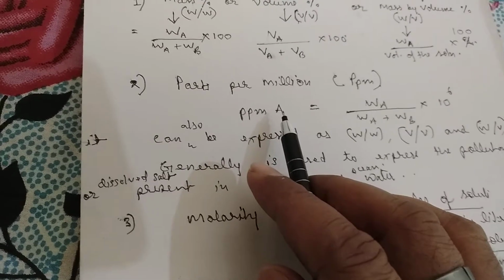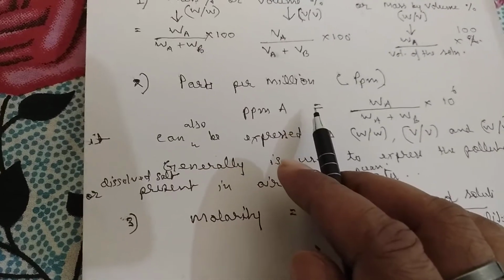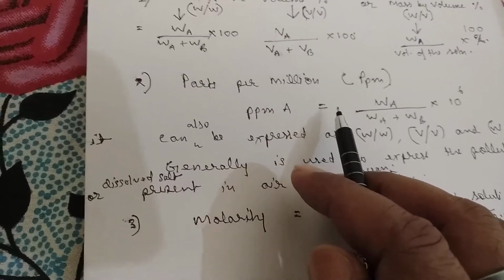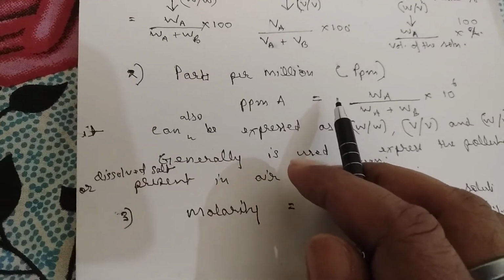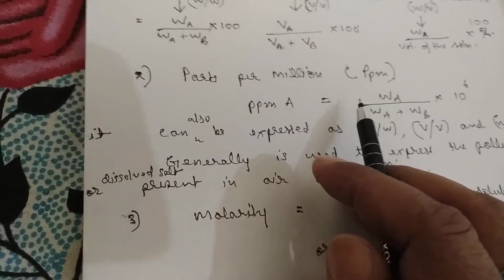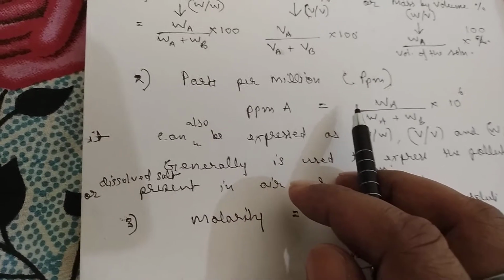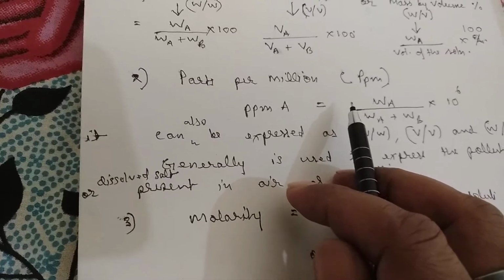For example, let us consider the sea. The amount of any salt which is dissolved in ocean or sea water is very, very small as compared to the total mass or total volume of the ocean.